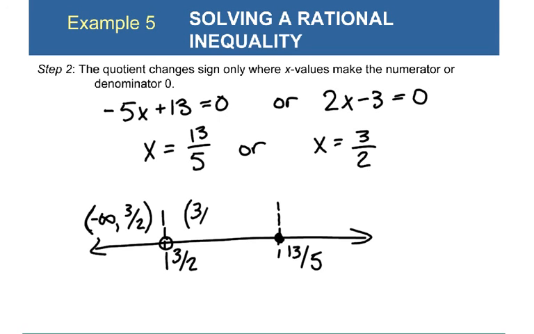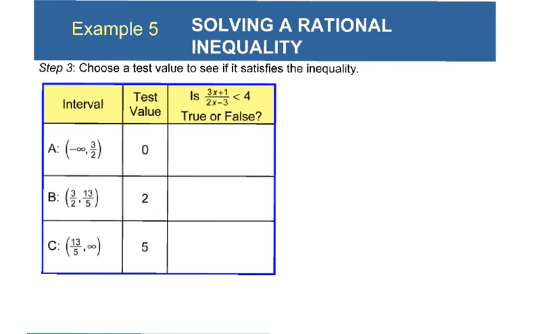And again, start back up 3/2 to 13 over 5 and close it with a bracket because that value is included. And same here, 13 over 5, and it goes on out to positive infinity, and then close that up. Now, here are all three of our intervals that we are going to test on the next slide.